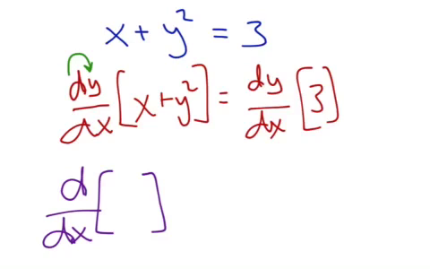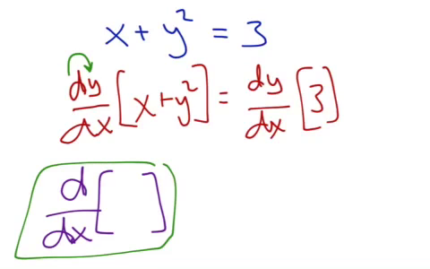And then the meaning of the brackets is not the same as it is down here in this picture. Down here, the d dx is applied to whatever is in the brackets. Since d dx is applied to the y, the brackets then become just meaning a product. It's a grouping symbol, so you're going to multiply the whole dy dx times x plus y squared. You never actually take the derivative of x plus y squared.